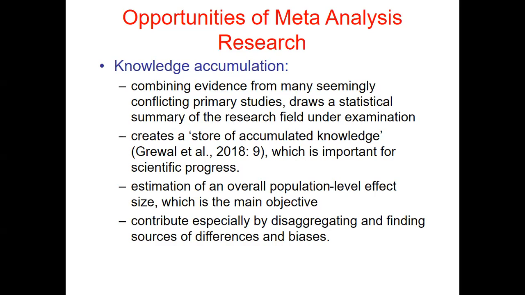Then you create a store, of course, of accumulated knowledge. You're also estimating overall population-level effect sizes, which is the main objective, of course, of meta-analysis. And then, of course, you're contributing by disaggregating and finding sources of differences and biases in different findings within the same domain.